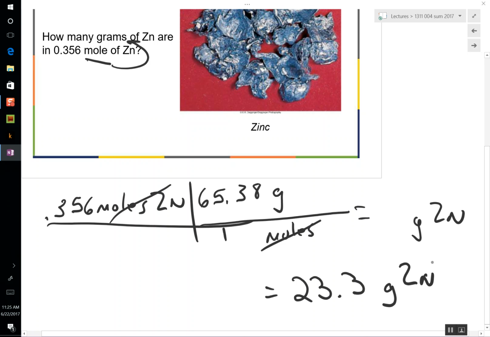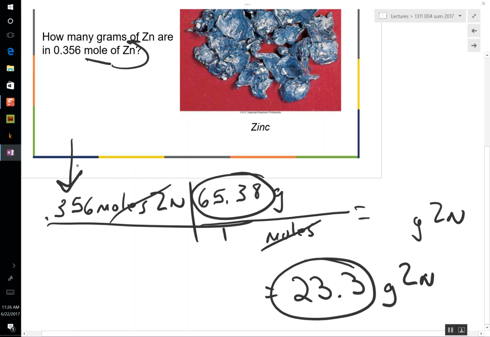Now what you should generally do is look at this number, 23.3. It is less than 65. We're talking about less than 1 mole. This is what 1 mole weighs. So the answer should be less than 65.